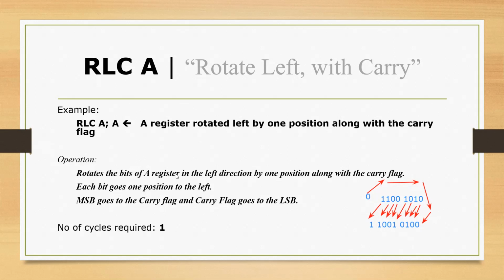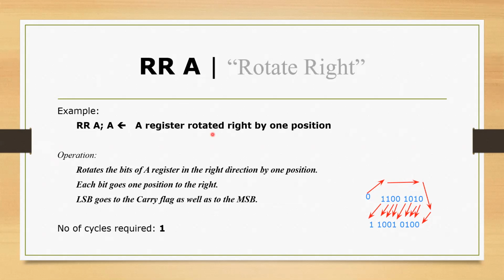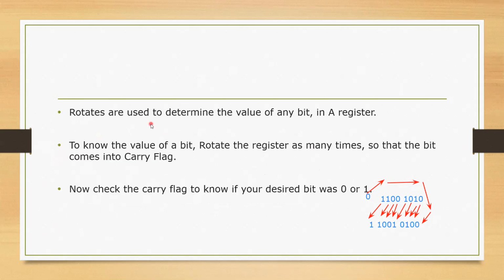So here it rotates a register in left direction by 1 position along with the carry flag. Each bit goes 1 position to the left. MSB goes to carry flag, carry flag goes to LSB. That is rotate left and rotate right. Rotate left and rotate right are used to determine the value of any bit in a register.